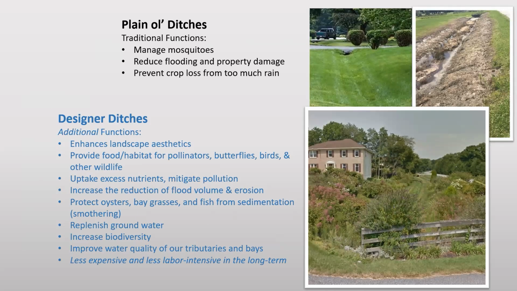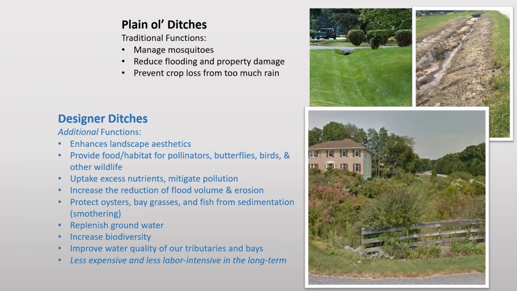And traditionally, the functions of ditches had a few different things. Everything from trying to take care of mosquito populations to reducing flooding and property damage and preventing crop loss from too much rain, draining ag fields, and things like that.